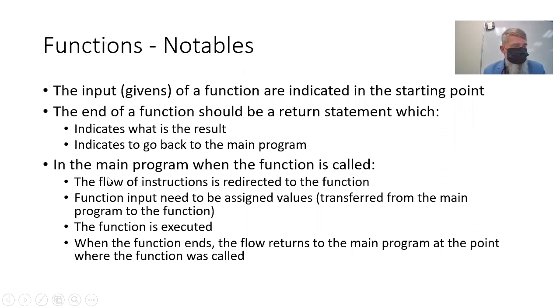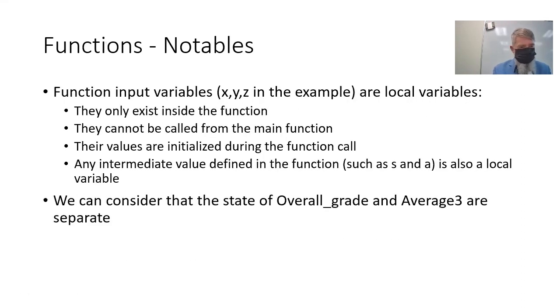Processing continues on from the point where we called the function. We process the function, and when we finish it, we continue on in sequence from there. And that's what that means.